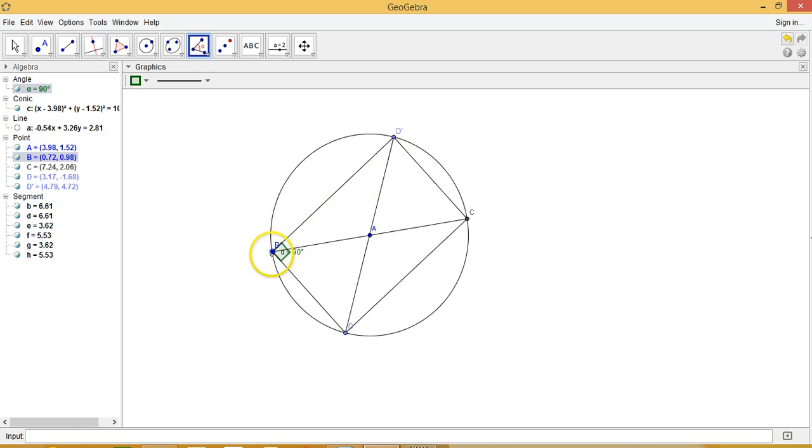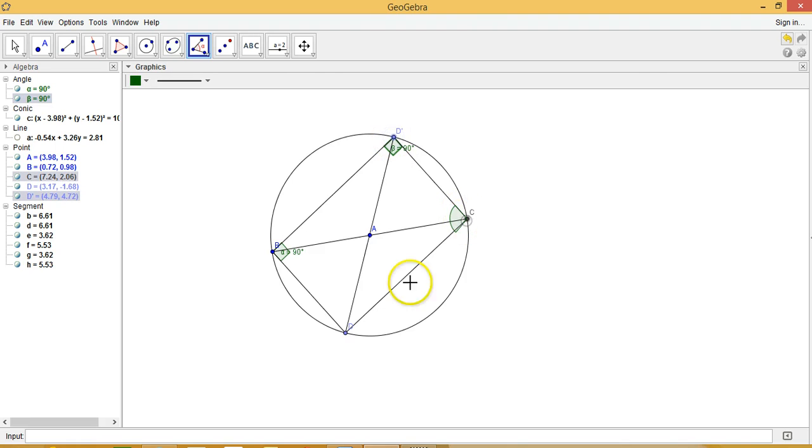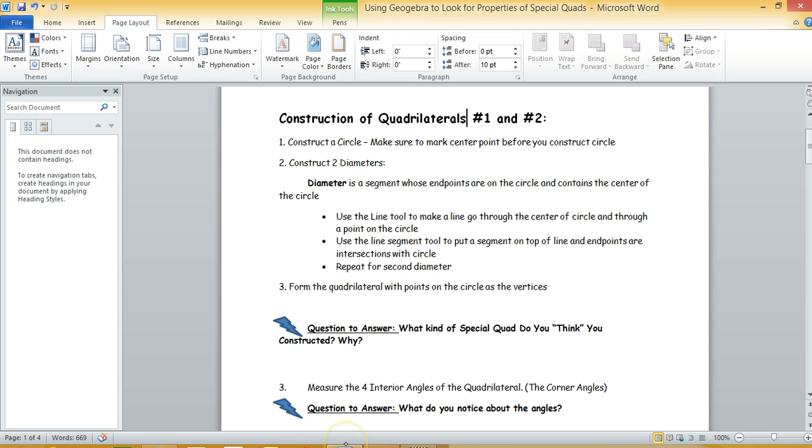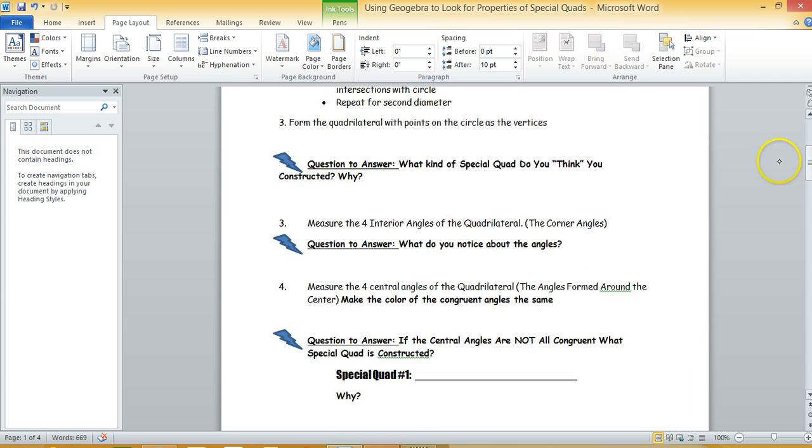Ooh, 90 degrees, right? To be a rectangle, we have to have this 90-degree relationship. So all the interior angles are the same here; they're all 90 degrees. That would be a rectangle in my opinion. It's a quadrilateral with 4 90-degree angles, right? So I think we constructed a rectangle, and that is why. It's got 4 90-degree angles.